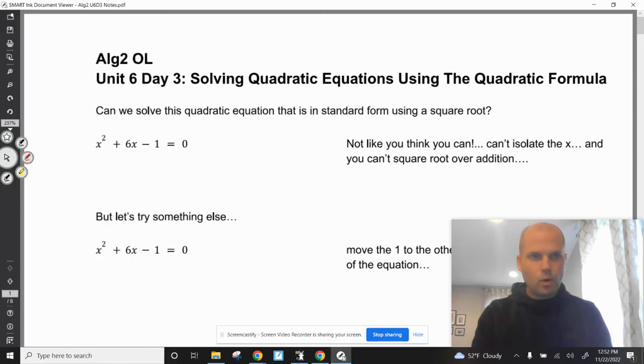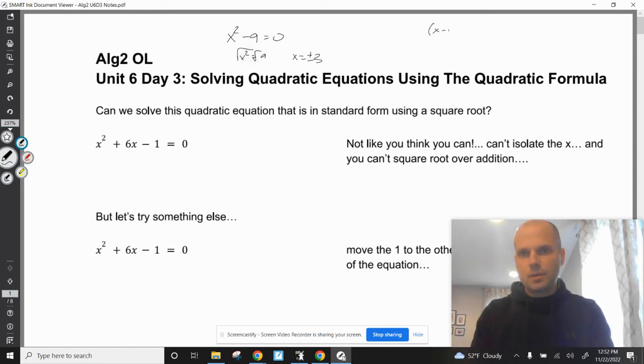What we've seen so far in this unit is we've been using square roots to solve quadratics. For example, we've had quadratics in difference of squares format where we could factor, but we also could add and then square root both sides to get x equals plus or minus 3.